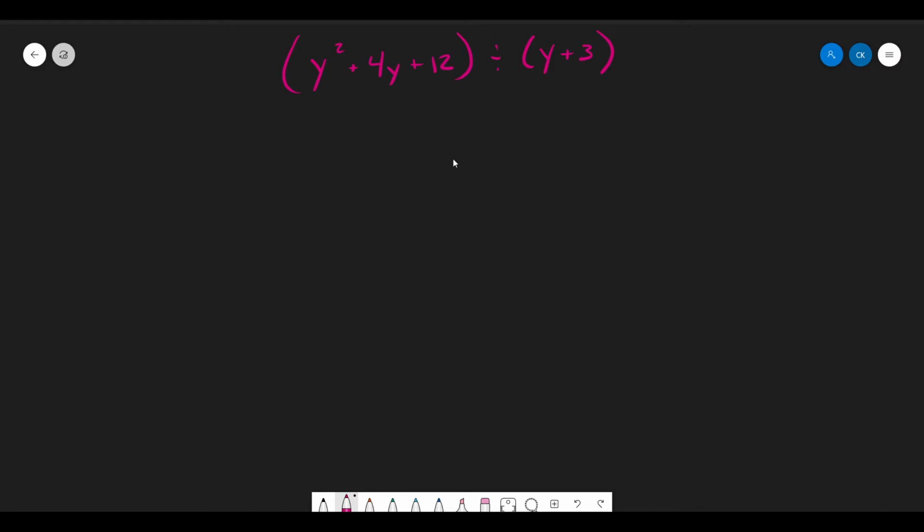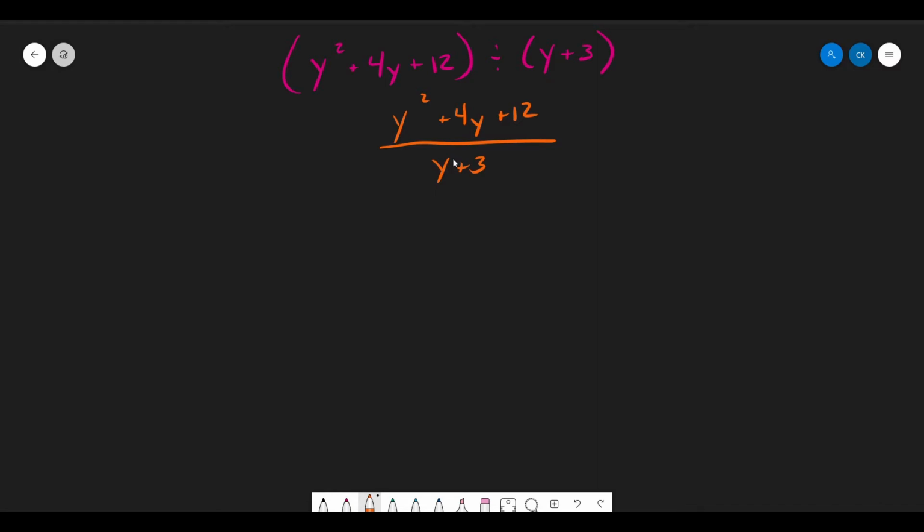Okay, now let's say we try doing this the normal way. We rewrite it as a fraction, the y squared plus 4y plus 12, and we divide it by y plus 3. And then I say, all right, what two numbers will multiply to get 12 and add to get 4? Well, I realize that there aren't any.